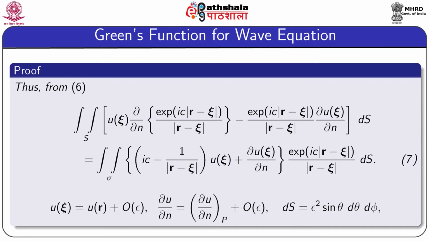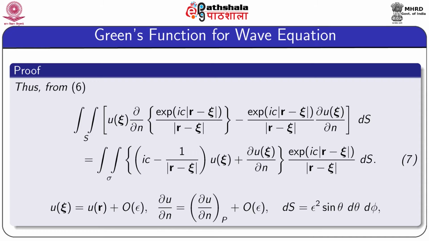Now, we want to simplify the expression on the right hand side of equation 7. On sigma, u at xi is equal to u at r plus order of epsilon terms, and del u del n at the point xi equals del u del n at the point r plus order of epsilon terms. On sigma we can write the elementary surface as ds is equal to epsilon square sin theta d theta d phi.